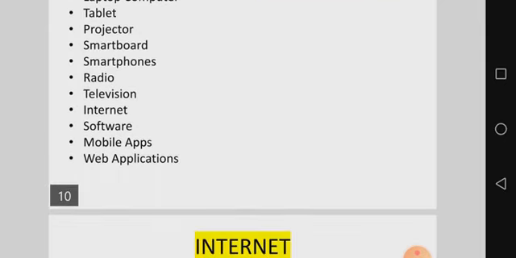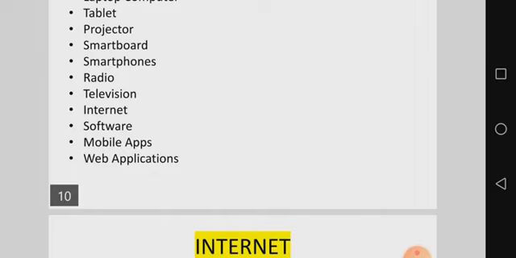Mobile apps. Now this is a time of mobile apps. There are mobile apps for almost everything: to cook food, to maintain your health, to keep a record of the tasks that you do, to listen to music, to watch for entertainment. So mobile apps can also be used as ICT tools.